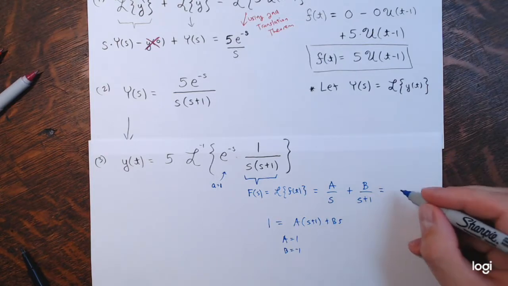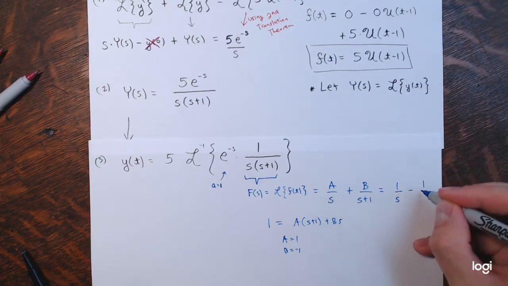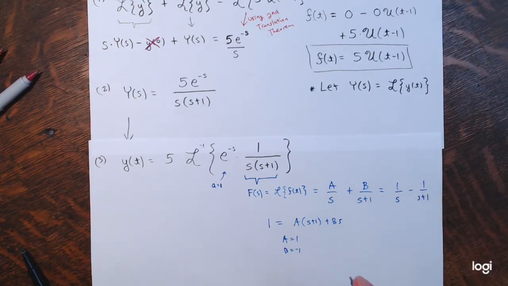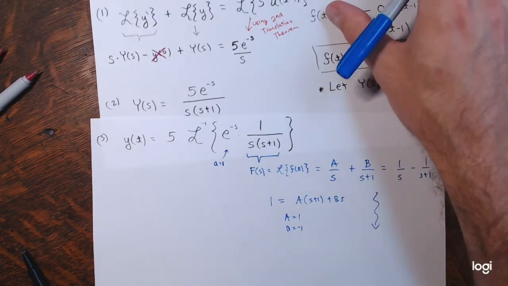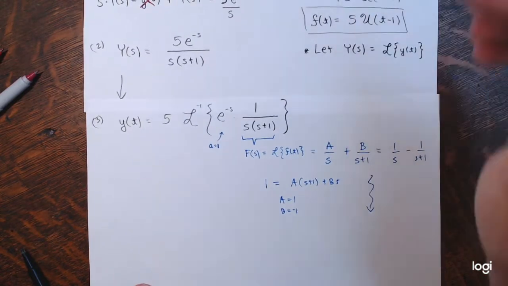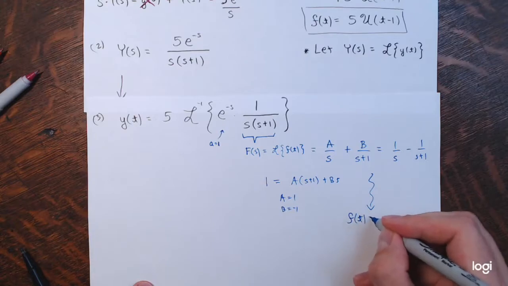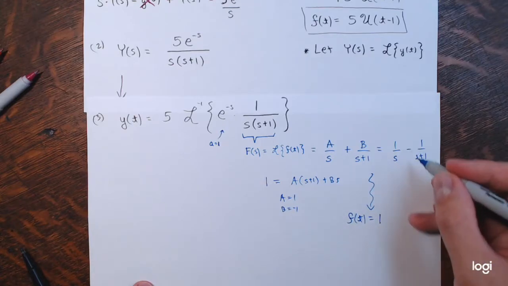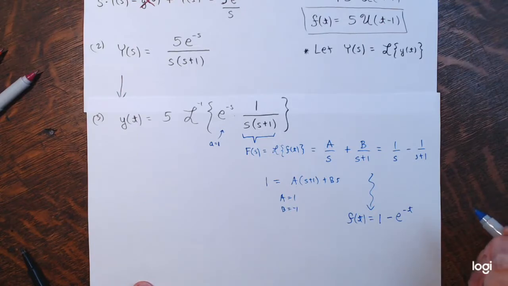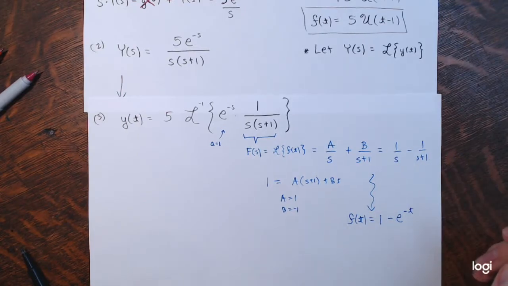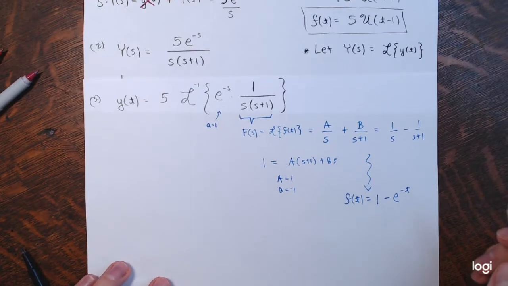So we're getting 1 over s minus 1 over s plus 1. So, taking the inverse Laplace transform of this, we have little f of t equals 1 minus e to the negative t. I'm assuming you know your basic inverse Laplace transforms.